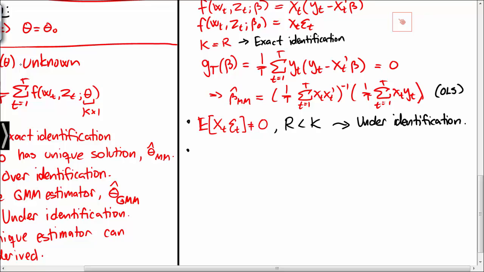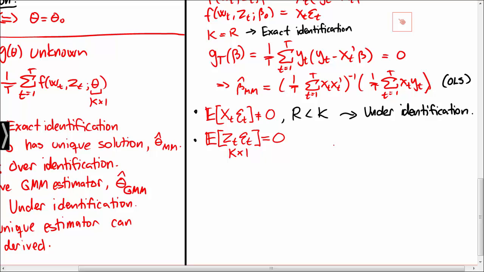Lastly, we consider the case where we've got a set of instruments, zt, which we assume are uncorrelated with the error term. We assume that zt has the same dimension as xt, namely k. In this case, we can consider yt and xt as the model variables and zt as the instruments.